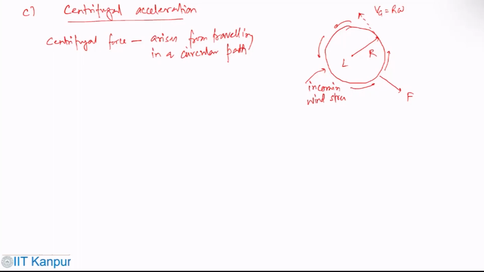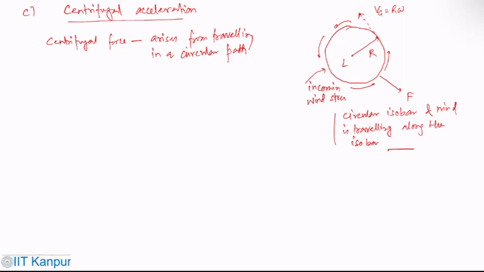This shows the situation with a circular isobar, and wind traveling along the isobar. This is what the figure is all about.